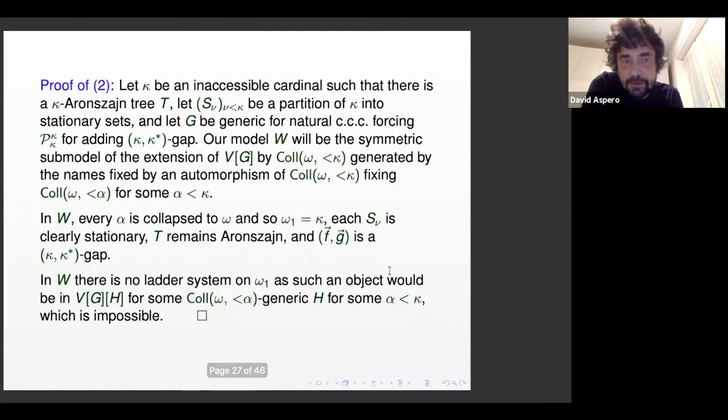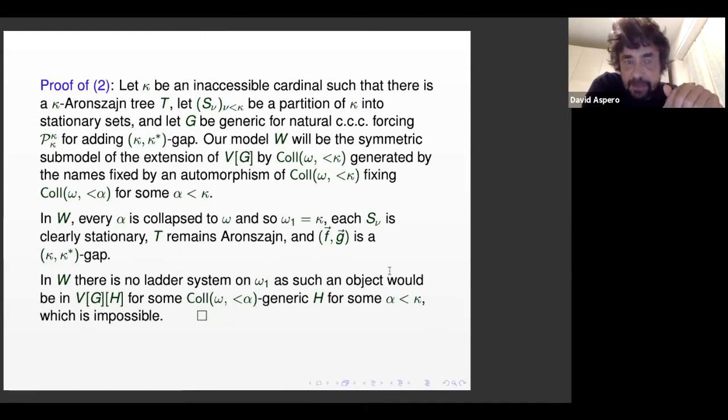Now if kappa is inaccessible, and there's a kappa Aronszajn tree there, so I'll take any kappa which is not weakly compact. Then you take any partition of kappa into kappa many stationary sets, and you take a kappa gap, which you add generically by CCC forcing.